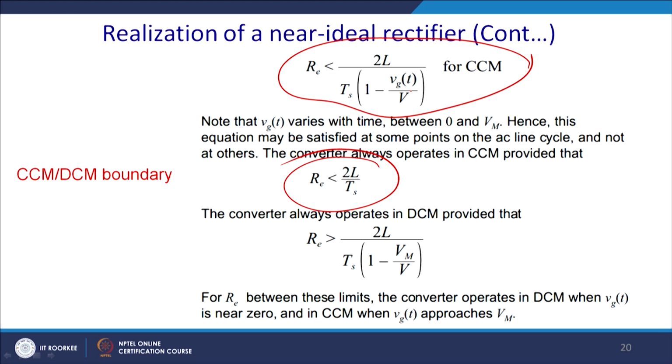The converter operates in DCM if Re is more than this. Re is between the limits of the converter DCM and CCM, nearly zero, and it generally makes the transition from CCM to DCM.